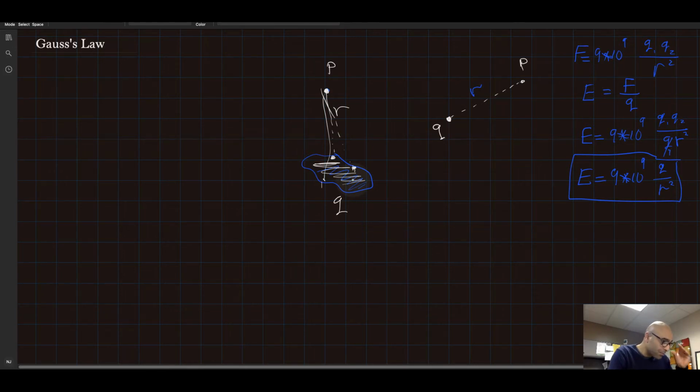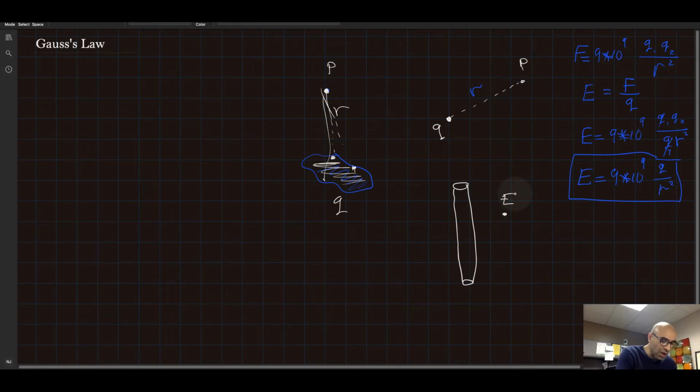How about if we have a uniform charge distribution like this one, like a wire, and you want to find the electric field somewhere here? You cannot use this equation at all because it is for a point charge. Here we have a charge distribution that is cylindrical, or spherical, so it gets really complicated.